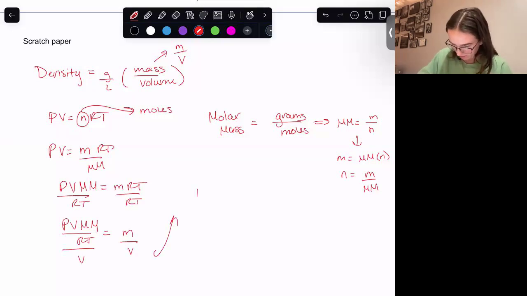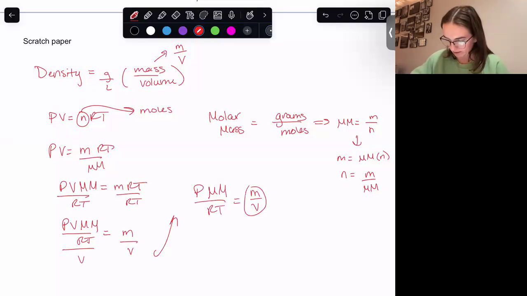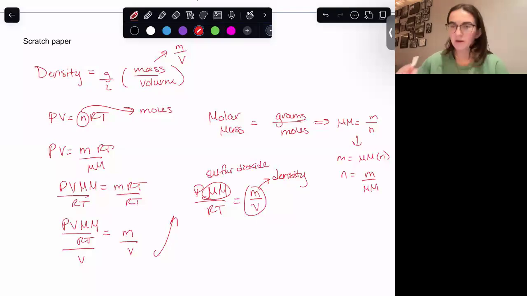So you get pressure times the molar mass divided by RT is equal to mass over volume, which is density. The molar mass that you use here is for the sulfur dioxide. Then you would just have to change your temperature into Kelvin, and solve, and that should give you mass over volume or density.